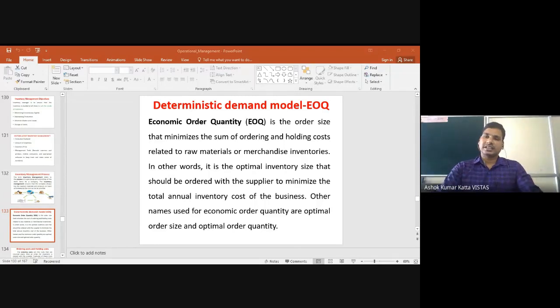Now here also, economic order quantity is saying: why are you investing a huge quantity of amount on inventory? Do not invest so much. Invest only 50 percent, 60 percent. How will you know that 50 or 60 percent of the amount needs to be spent? That will be decided by the demand of the product in the market.